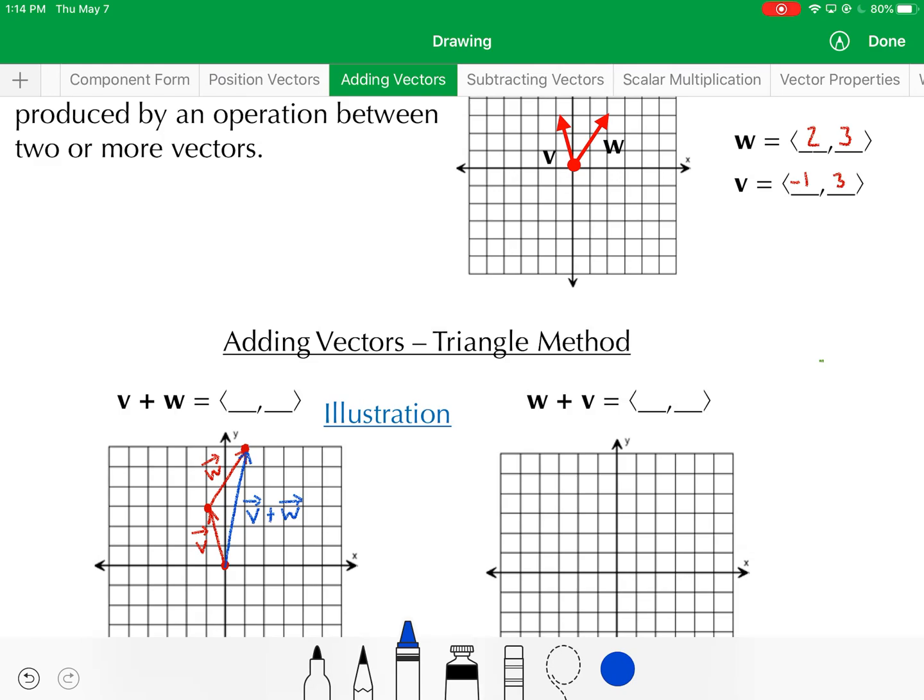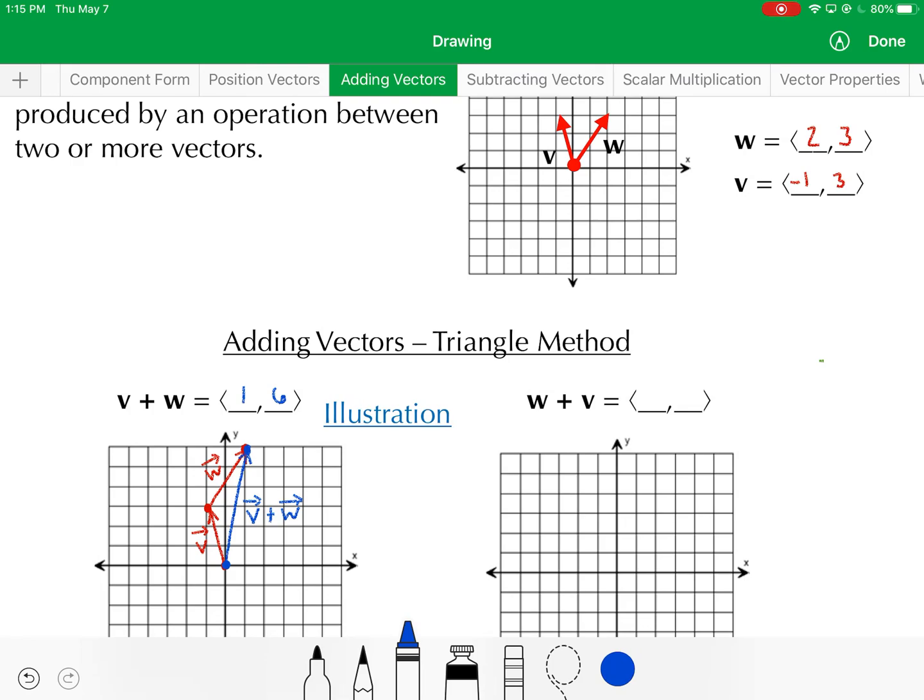Okay, now what are its components? If I go from the initial point of it to its terminal point, I'd have to travel 1 unit horizontally to the right, and then 6 units vertically. So components are +1, +6.